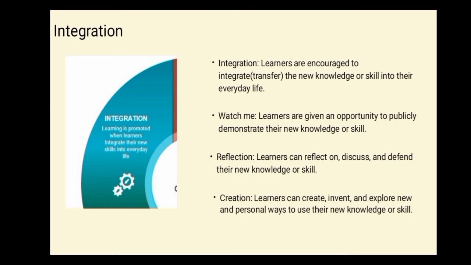Then the next one is reflection, where learners can reflect on, discuss, and defend their new knowledge or skill. If they defend their new skill or knowledge, then the learning process is effective.